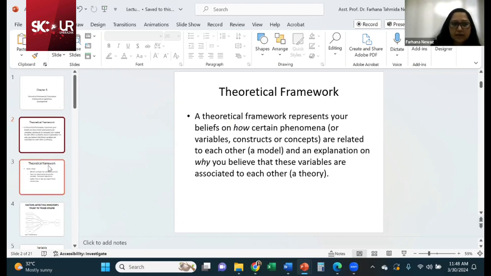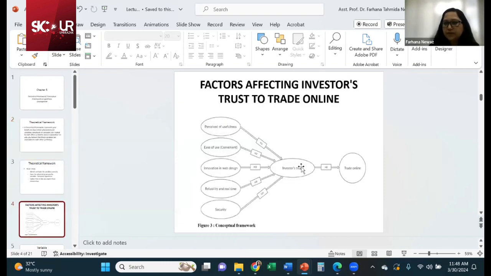So I will give you an example. Suppose this model is one student's conceptual model or theoretical model, whatever you call it. This model is based on factors affecting investors' trust to trade online. This person already identified the factors related to whether the investors will trade online or not.